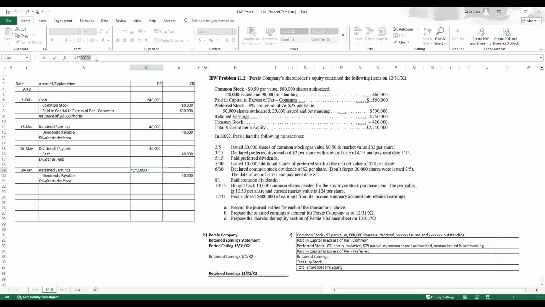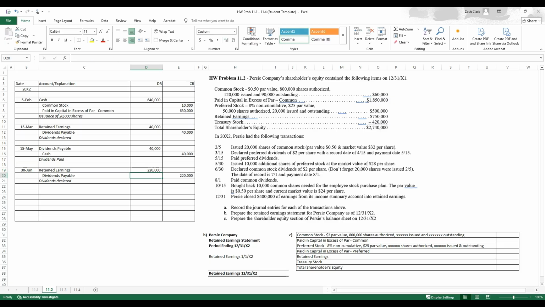But we need to see how many shares we have outstanding at the time. So let's go back here to common stock. We had 90,000 outstanding, and then we just issued an additional 20,000, so there should be 110,000.